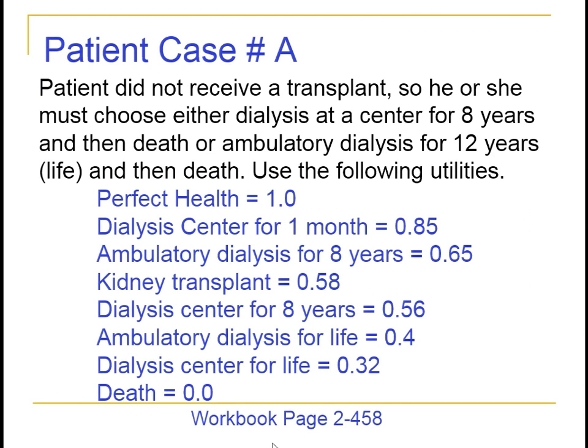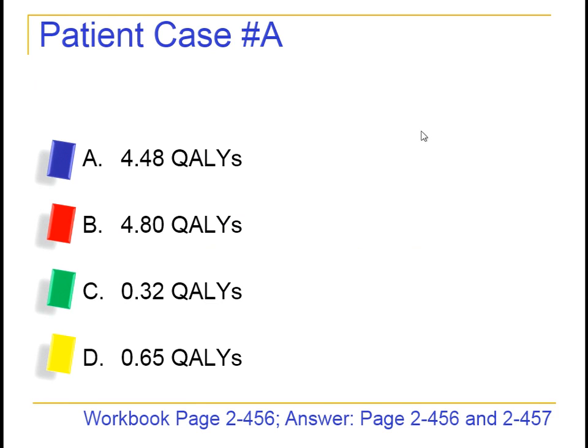Or you're doing 12 years of ambulatory dialysis for life, which has a much lower utility. And this would be 0.4. This would be 4.8. You subtract 4.48 for going to the center and dying sooner from the 4.8, and the answer is 0.32 QALYs gained.